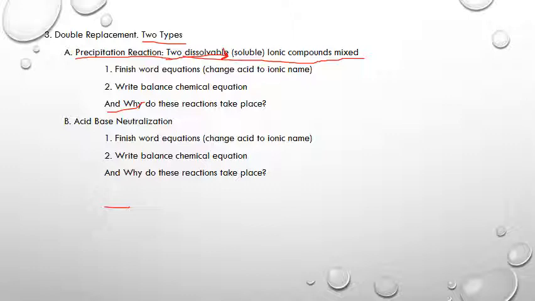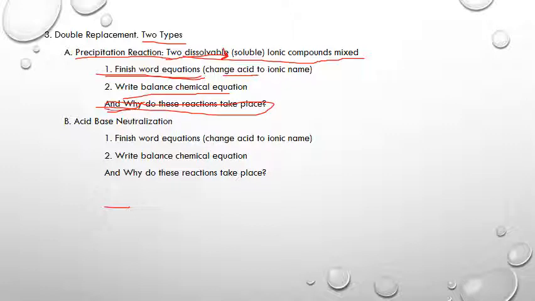I'll give you the starting substances. You'll have to finish the word equation. Remember, change the names, then write the initial and balanced equation, and also tell me why these reactions take place.